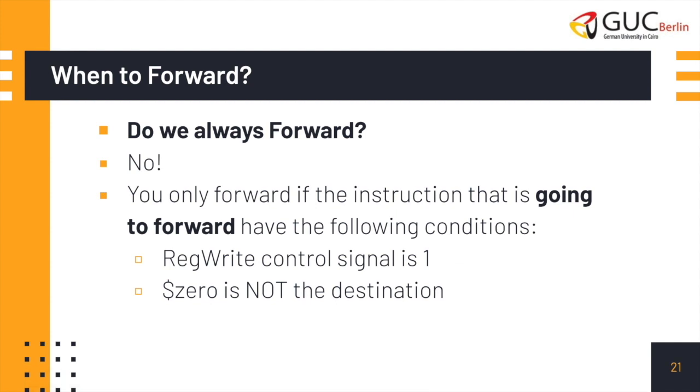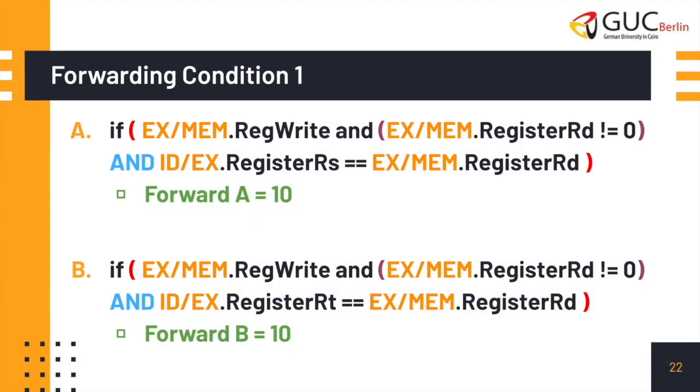So if we want to update our conditions, forwarding condition 1a is: if ex/mem.regwrite, meaning that regwrite equals true, which is equal to 1. I mean, if the regwrite value is not 0, it is 1, thus it evaluates to true. If it is 0, it evaluates to false.